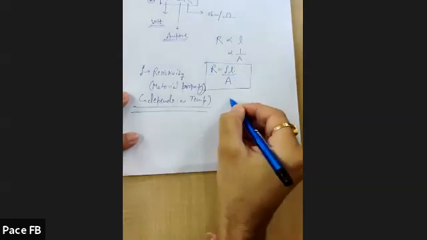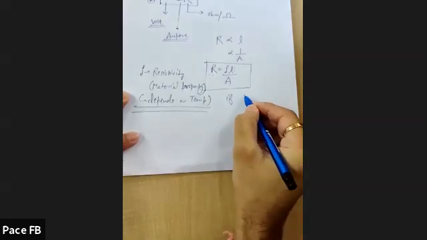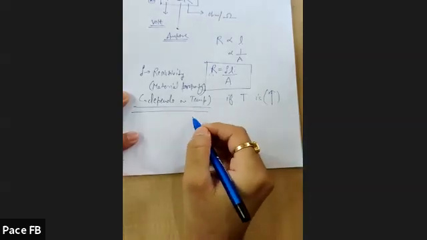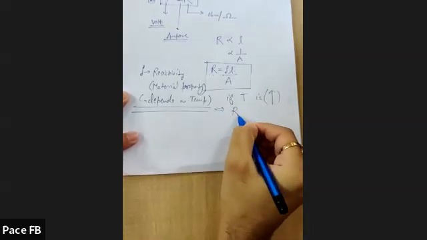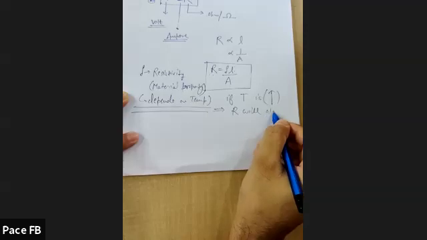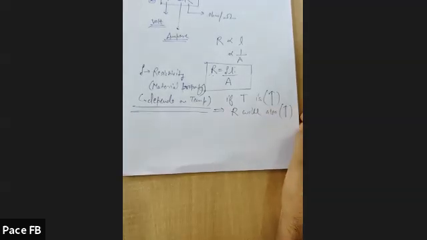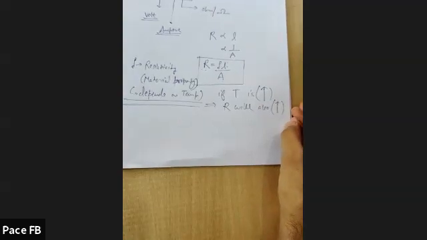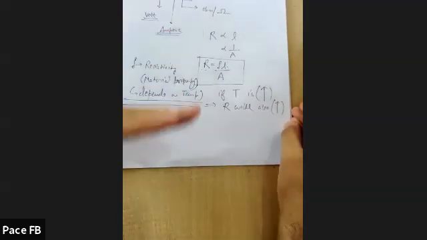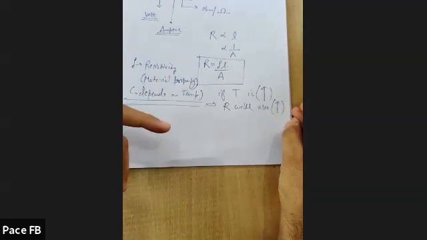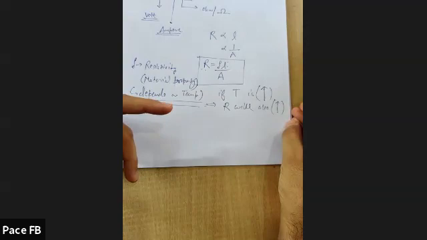And if temperature is increased, this implies resistance will also increase. The reason I had given you in the last class is that if we increase the temperature, then electrons will also start vibrating, and due to this more collisions would be there, offering more resistance.